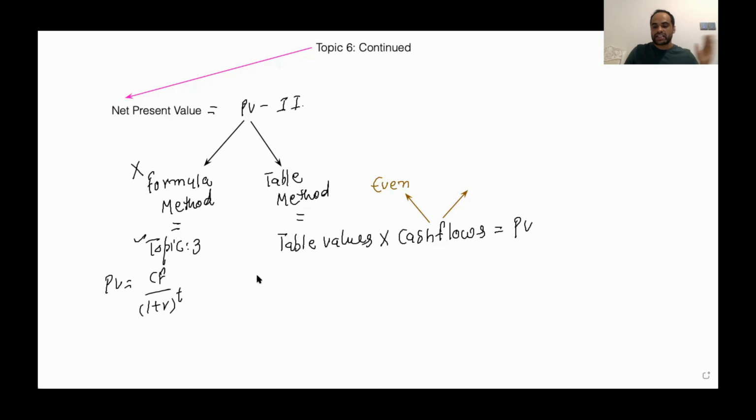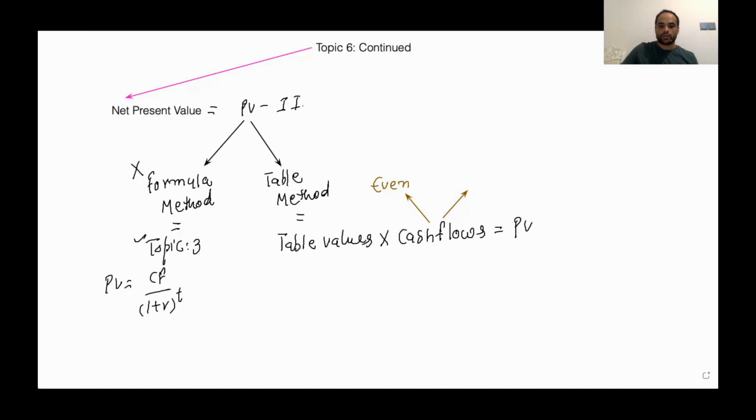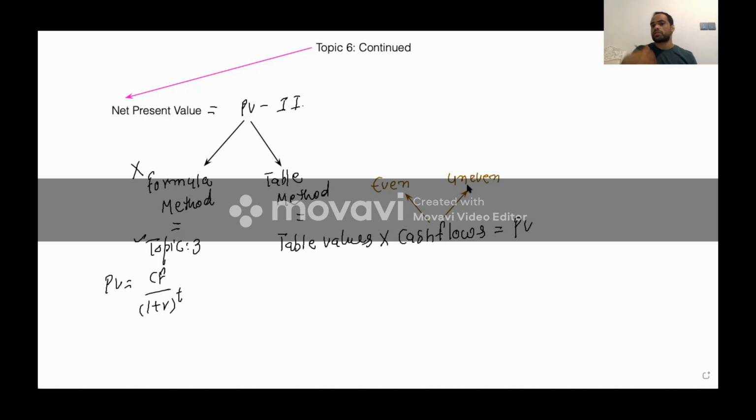So every year the same cash flow. This is called even cash flows. You know that we also apply the same thing in our payback period method, right? If your cash flows are uneven, not equal, unequal cash flows, first year 1,000, second year 2,000, third year 500, and so on.